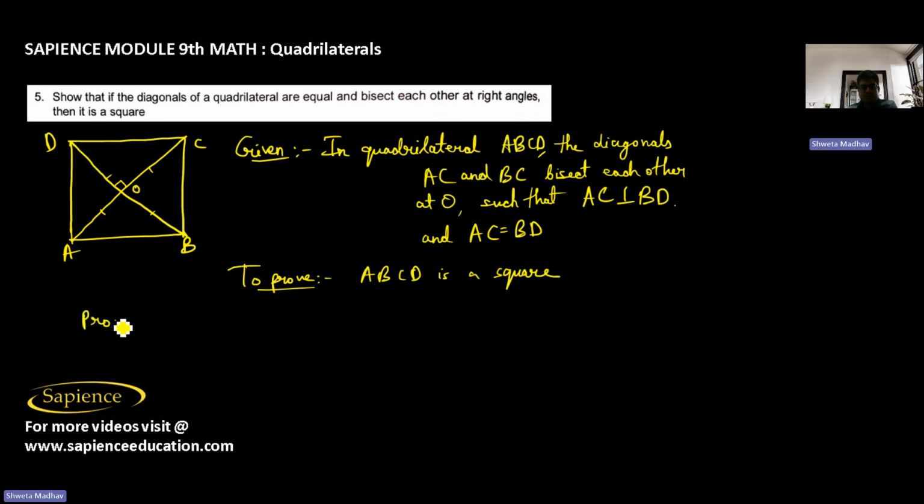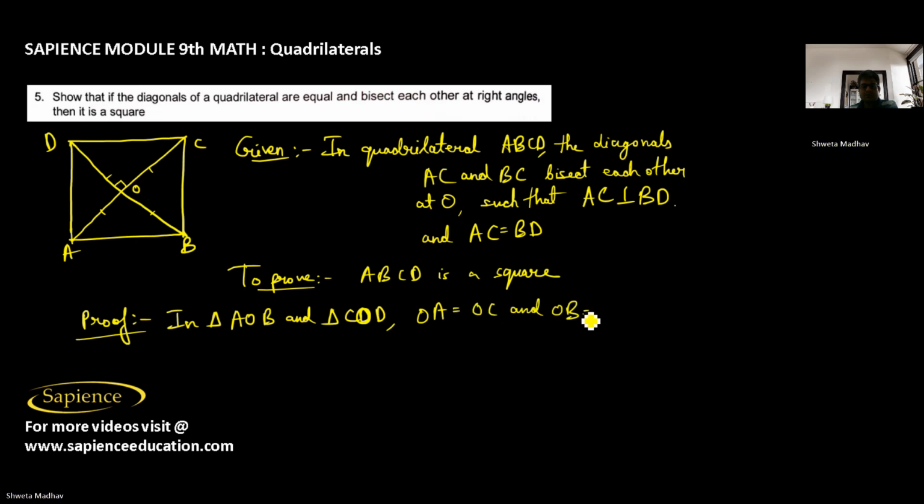The proof is that we take triangles AOB and COD. We have OA equals OC and OB equals OD.